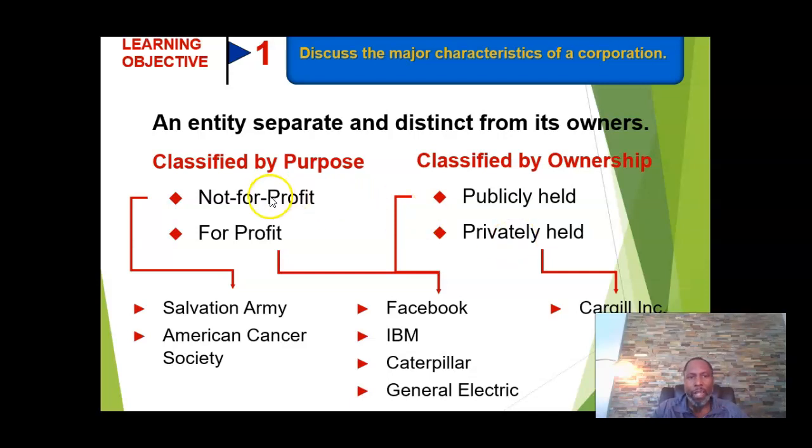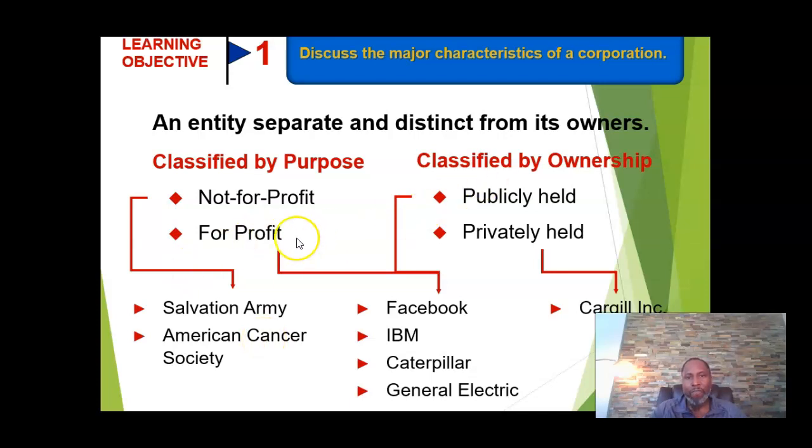So if you are a not-for-profit corporation, your purpose is not to earn a profit, but to provide a service to the general public. So organizations such as the Salvation Army and the American Cancer Society are examples of not-for-profit organizations.